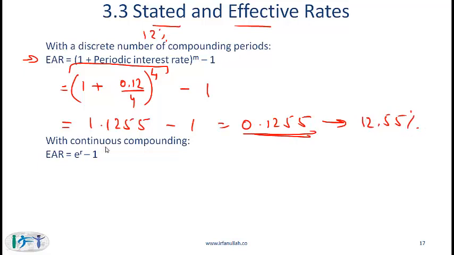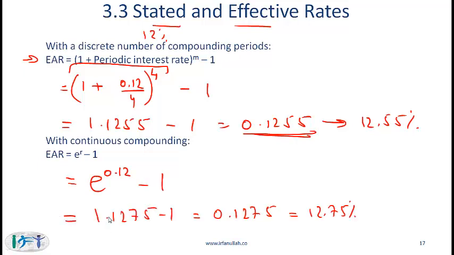12.55%. If we do continuous compounding, then the effective annual rate is e to the power of r. R is the stated rate of 12%. E to the power of 0.12 minus 1, and when we do this we should get 1.1275.